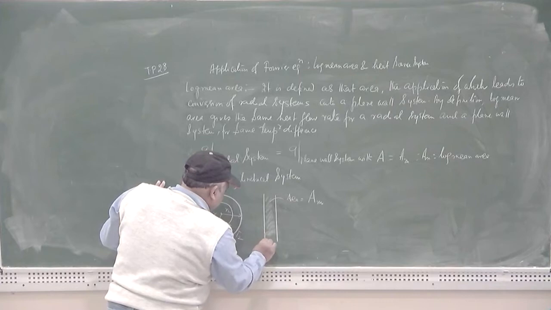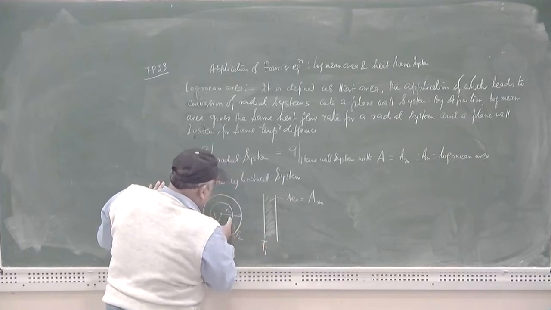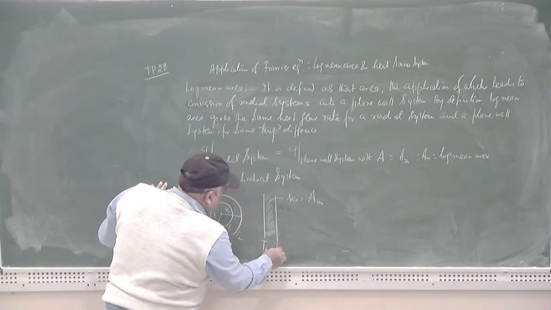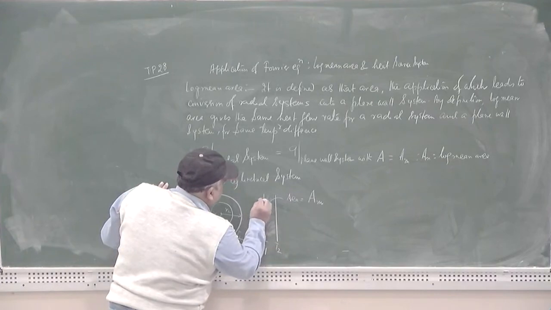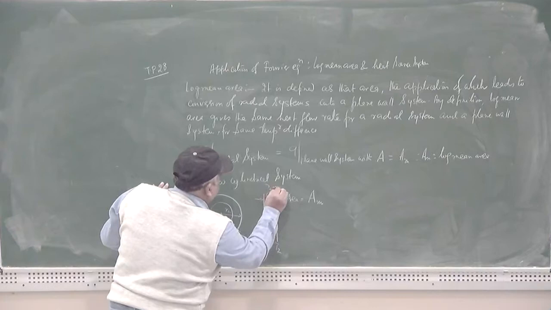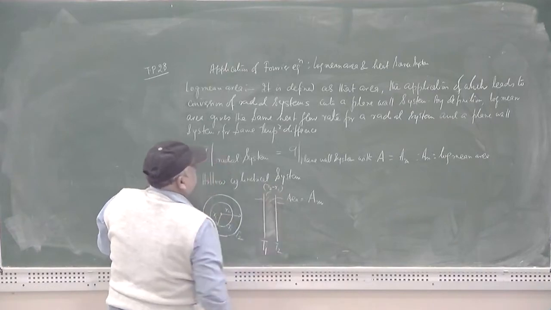So, this surface has a temperature T1 corresponding to the inner cylinder, this surface has a temperature T2 corresponding to the outer cylindrical system, and its thickness is R2 minus R1.